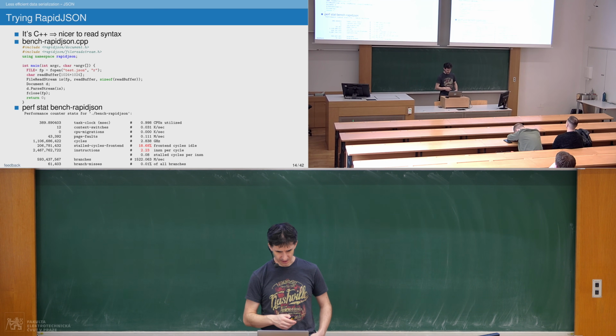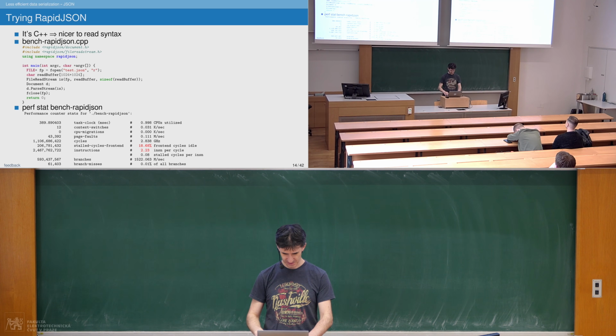Unfortunately, let me see. I look into the source code because the most important number didn't fit onto the slide, and that most important number said that the total time was 0.39 seconds.